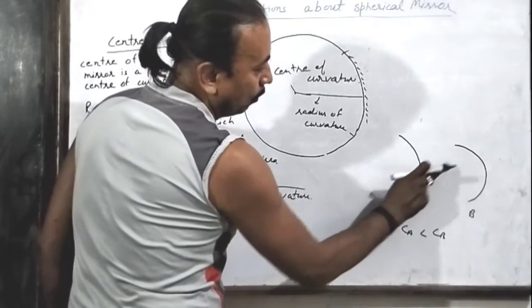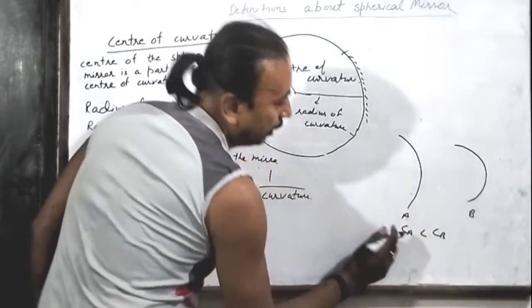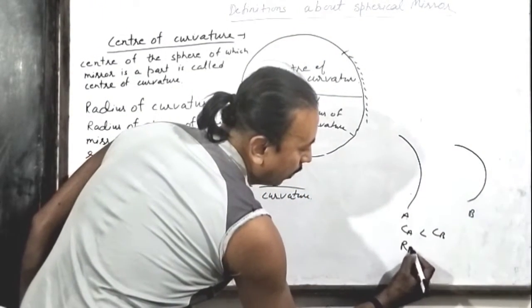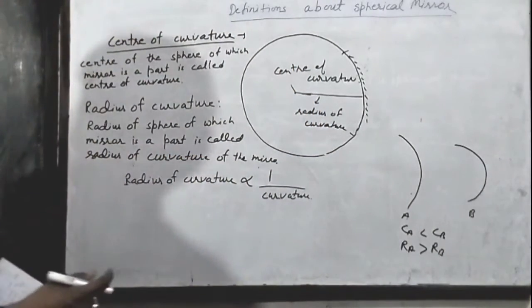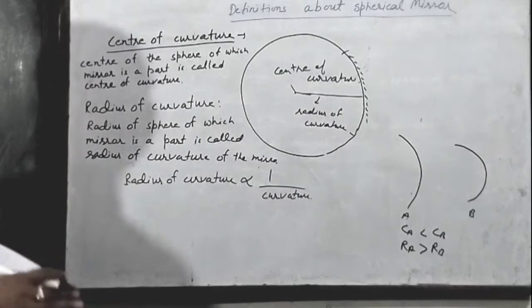Its curvature is low, its curvature is high, and radius of curvature RA will be more than radius of curvature of B. मीन्स कर्वेचर जितना ज्यादा होगा उसका रेडियस ऑफ कर्वेचर उतना ही कम होगा.